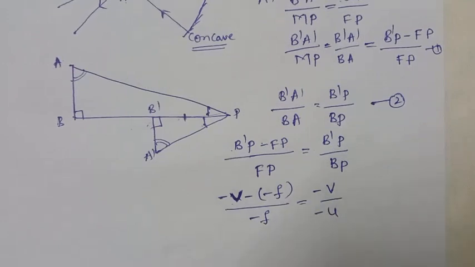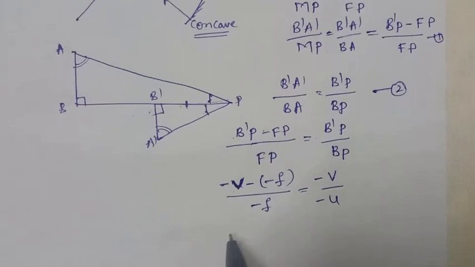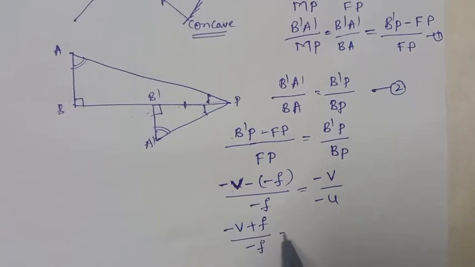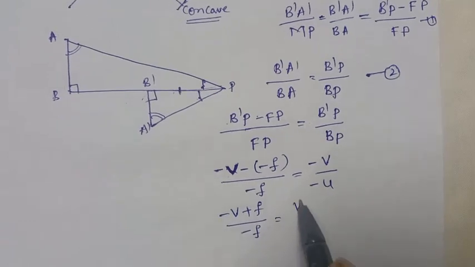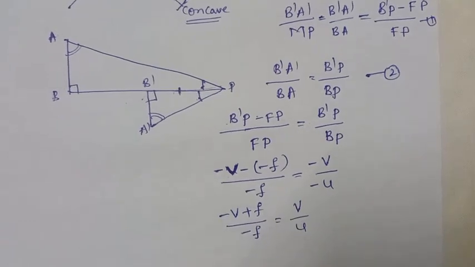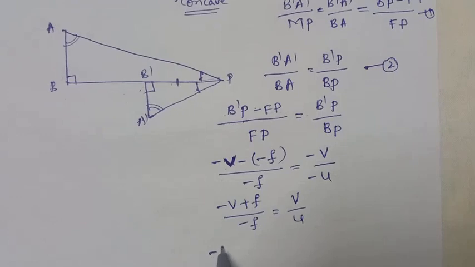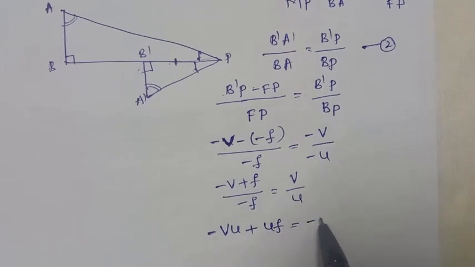Here how to change this equation? Minus v plus f by minus f is equal to minus minus get cancelled, v by u. Okay, if suppose you are doing cross multiplication, this equation: minus vu plus uf is equal to minus vf.